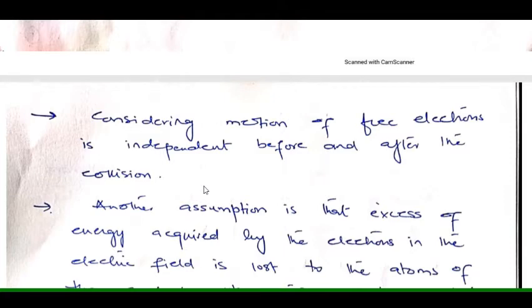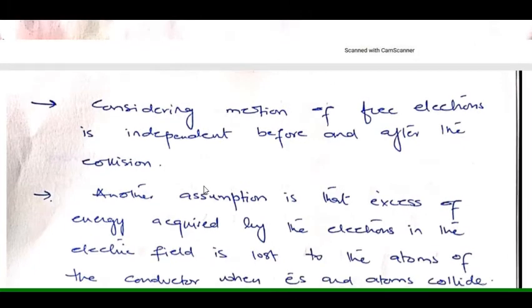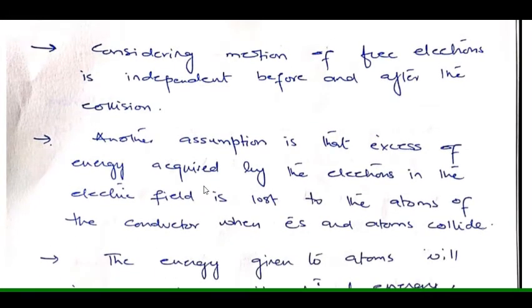The second assumption is that whatever excess energy the electron has acquired in the electric field, by colliding with one another or with the walls of the conductor, is lost to the atoms of the conductor when electrons and atoms collide.